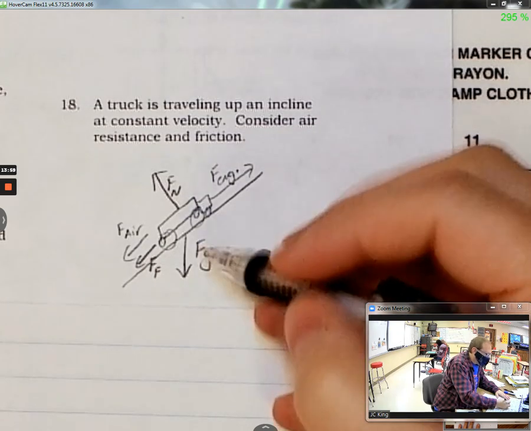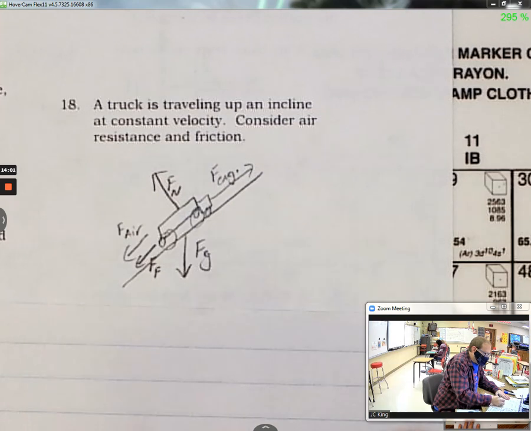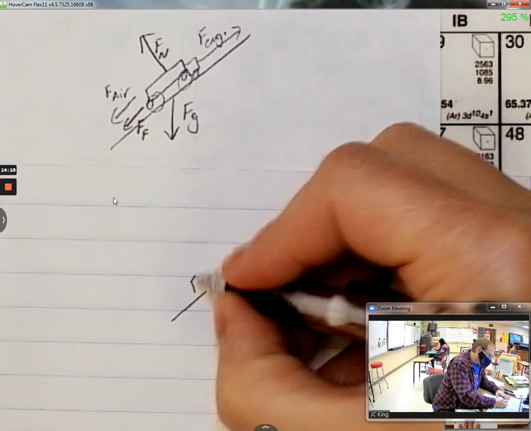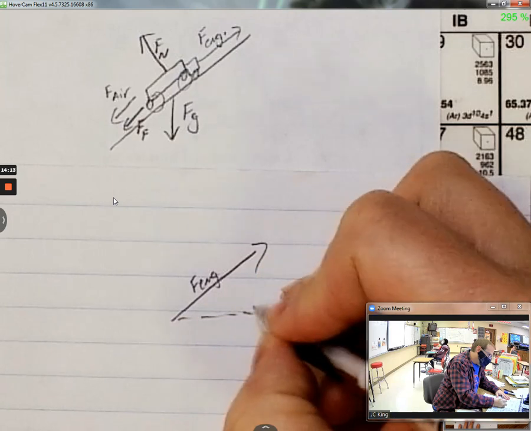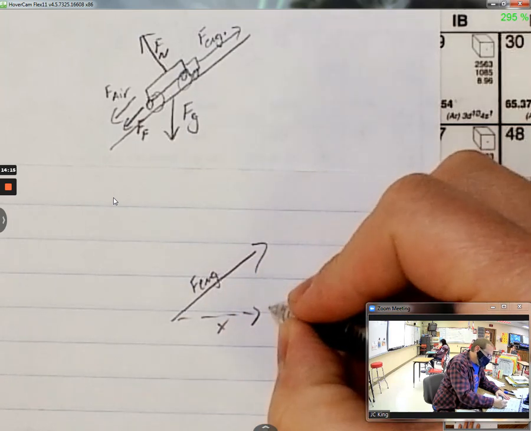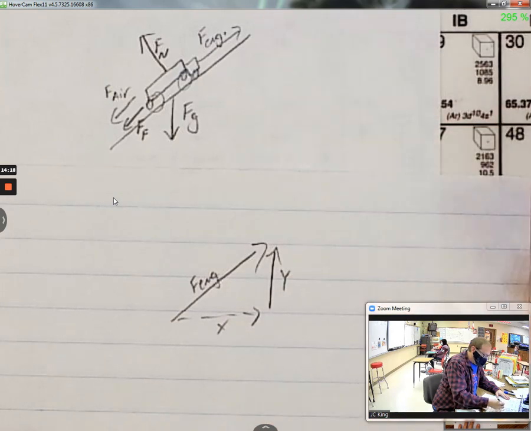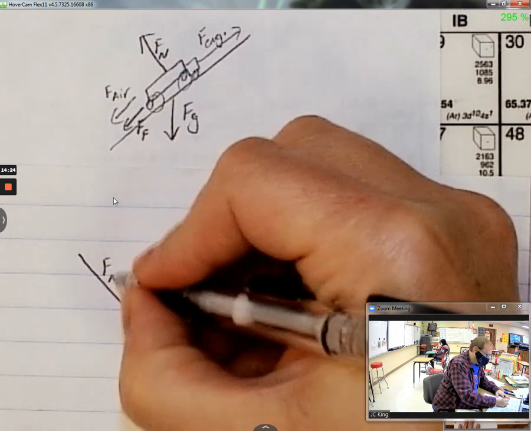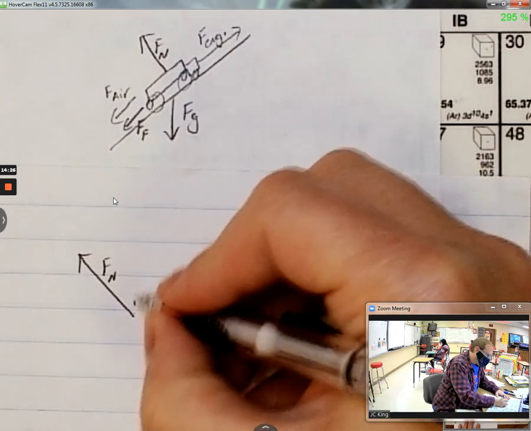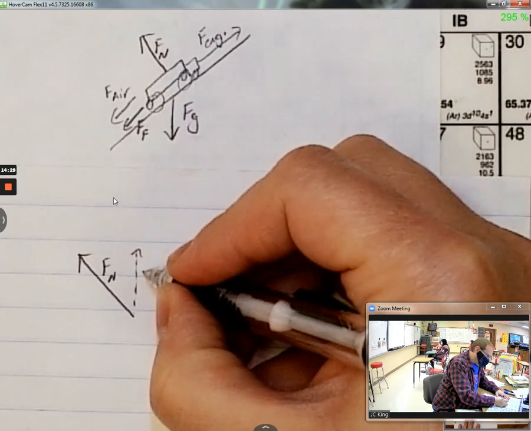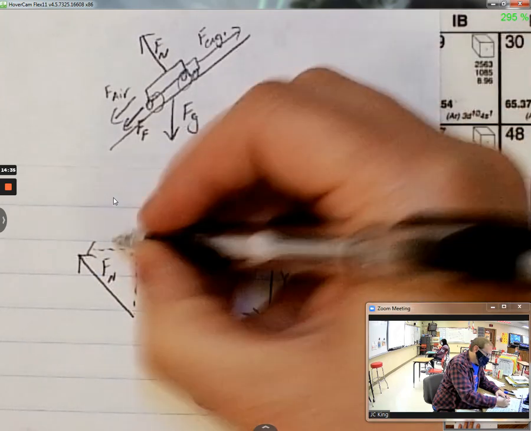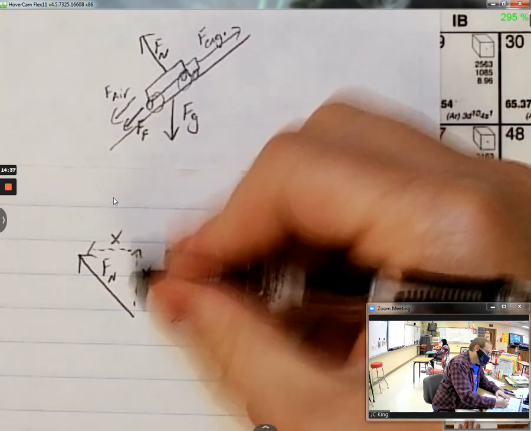So if we just look at each one of these vectors, the force of engine is going to have an x component and a y component. The normal force is going to have an x component and a y component.